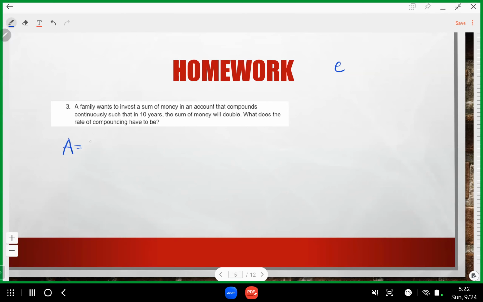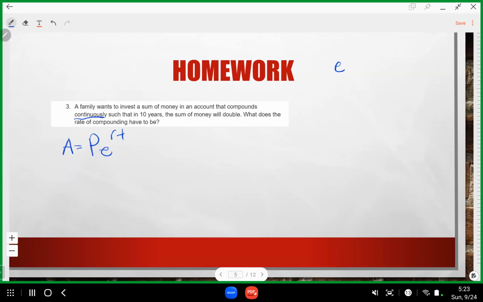So A equals P times... Are you sure about that? It's the continuous formula this time, because you compound continuously, right? So then how do you do it? I don't know.